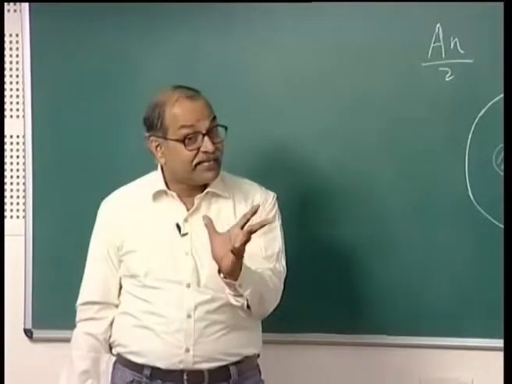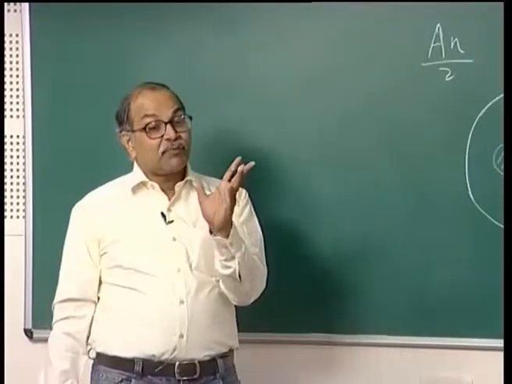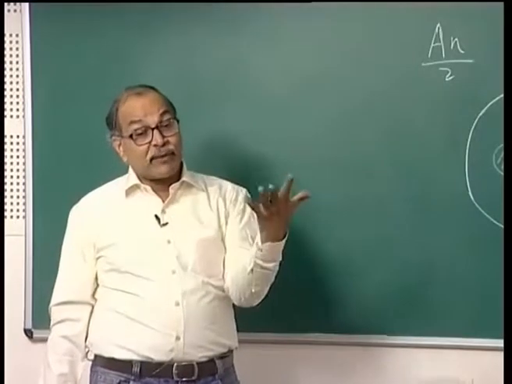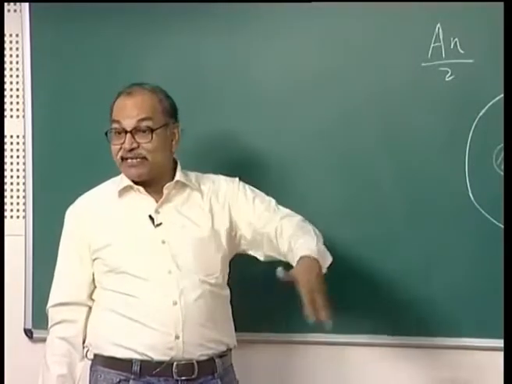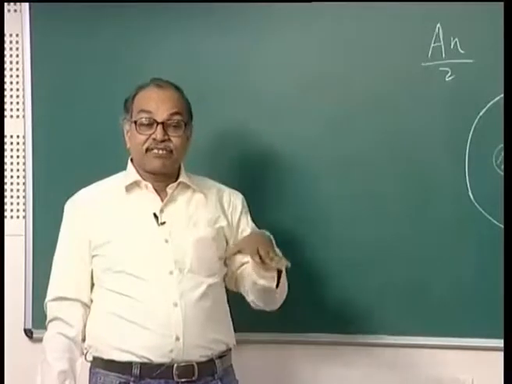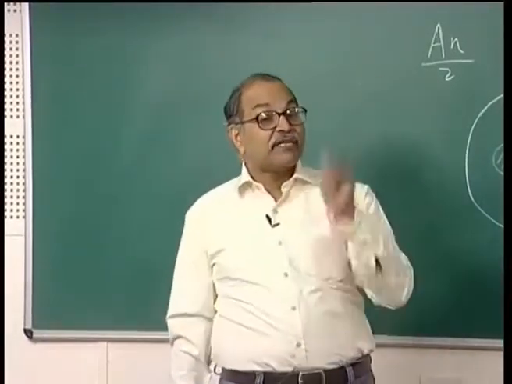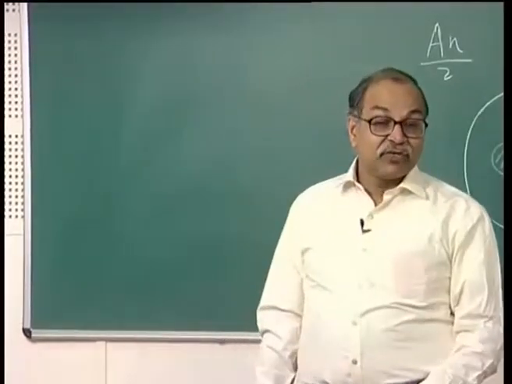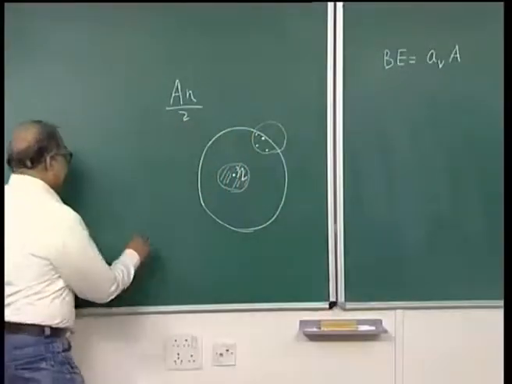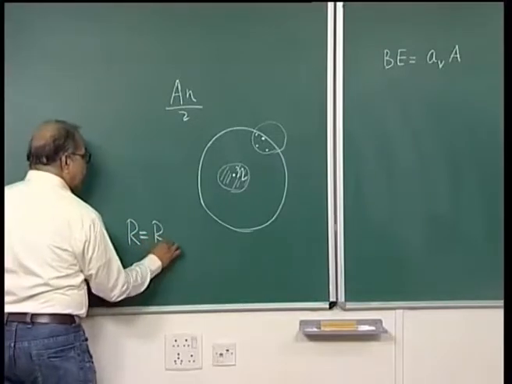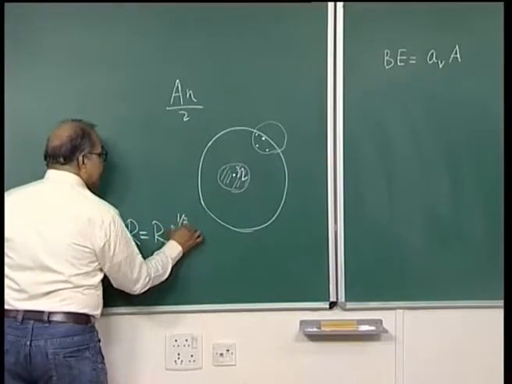Proportional to the surface area means proportional to capital R square. Surface area is 4 pi r square for a sphere, and proportional to r square means proportional to capital A to the power 2 by 3, because the radius, you remember, goes as r naught A to the power 1 by 3.